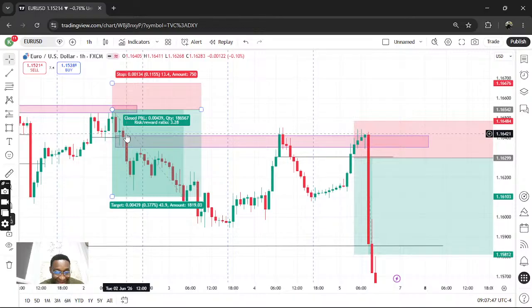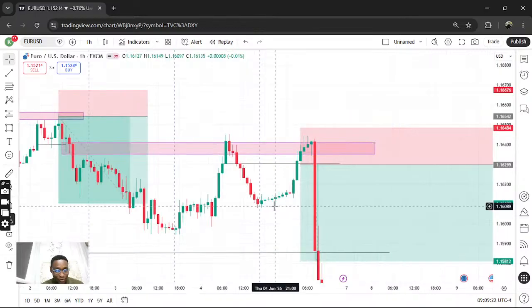So after the accumulation of the candle, the next thing is to expect the manipulation of that candle. Then during the manipulation, that is exactly where you take the position and then go for the distribution of the candle. And that is exactly what I did at this particular point. And that is how I trade all the time.